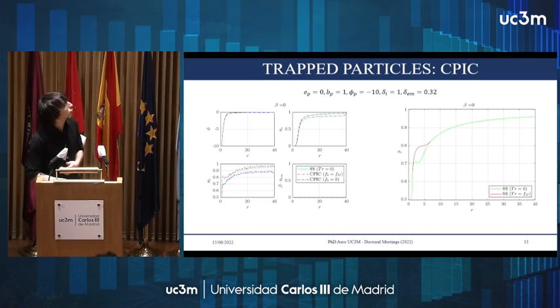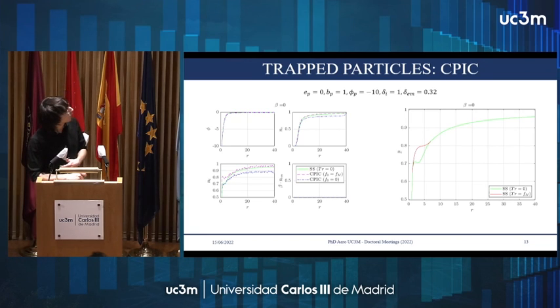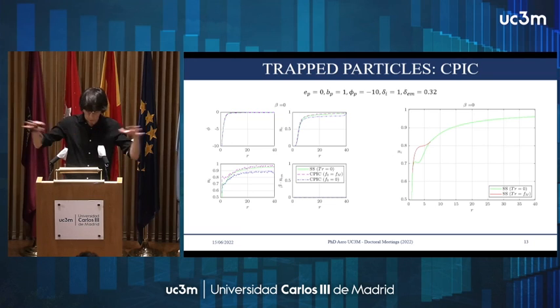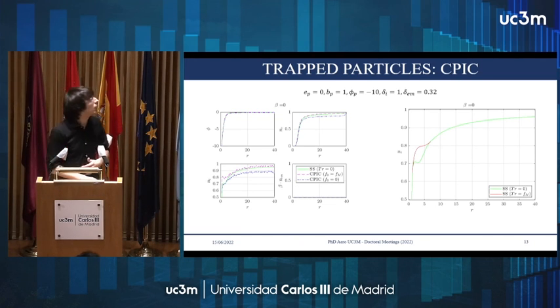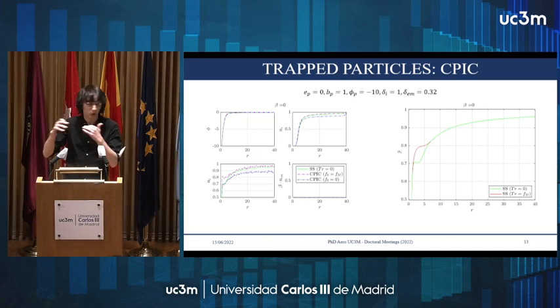I reproduced the same simulation with CPIC using two different initial conditions. The first one, the blue one, assumes that the computational domain is empty, so a zero distribution function everywhere, while the other one puts a Maxwellian distribution everywhere.